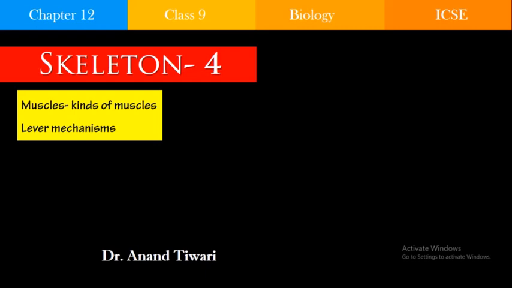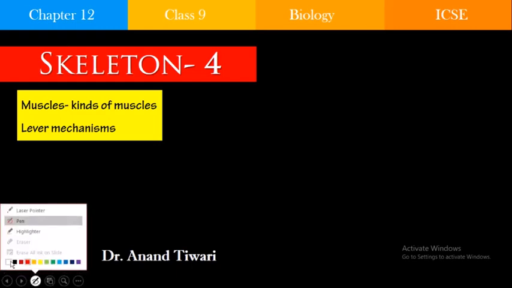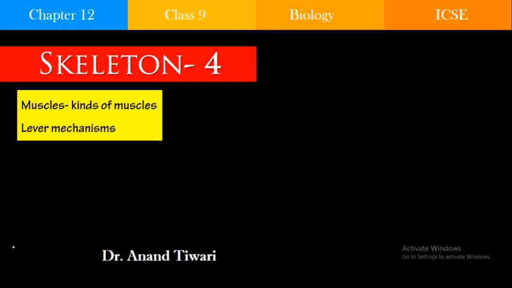Hello students. In our previous lectures on the skeletal system, we have discussed what the various functions of the human skeleton are, how the skeletal system is organized, what the axial skeleton and the appendicular skeleton are, and what the components of these types of skeleton are.